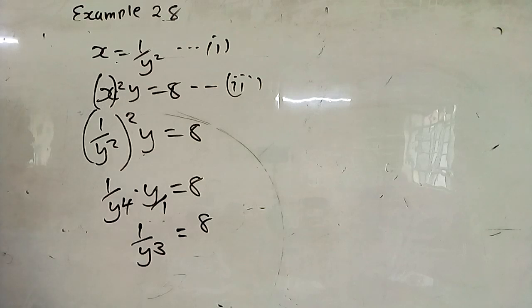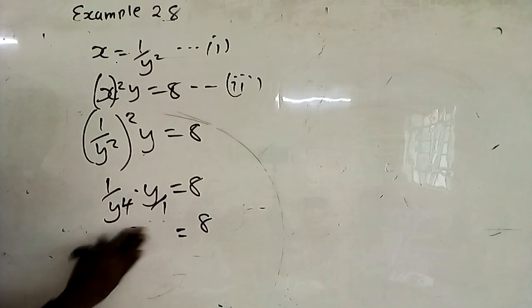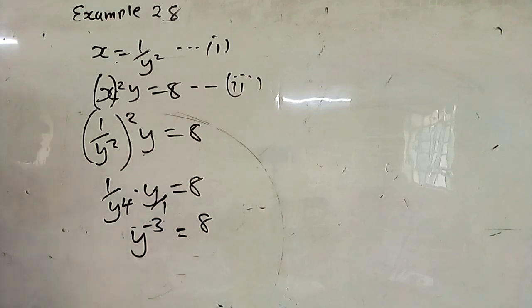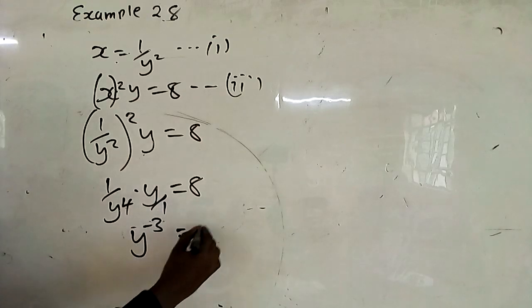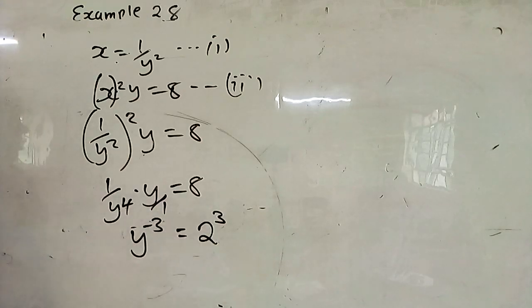So what is 1 over y to power 3? That is the same as y raised to negative 3. Then 8 is the same as 2 raised to power 3. Are we together? So from there, what do you do to get y?